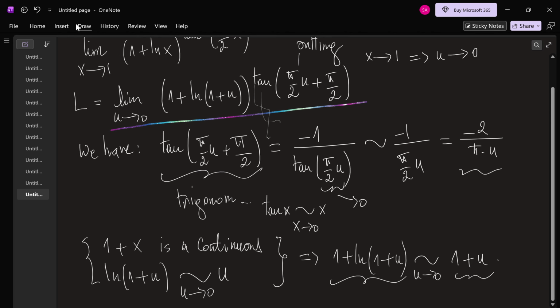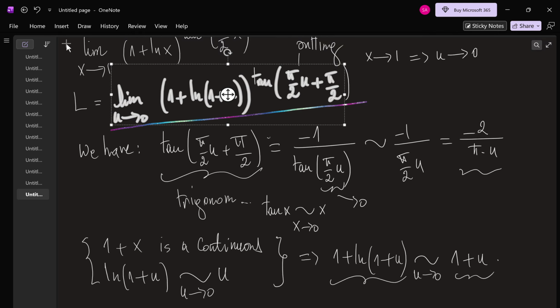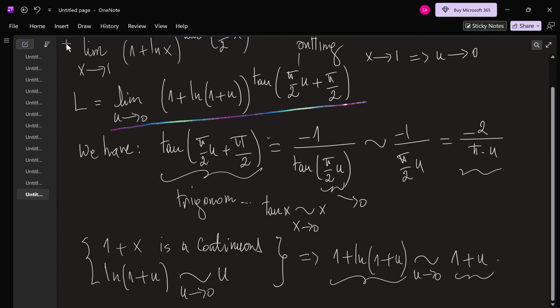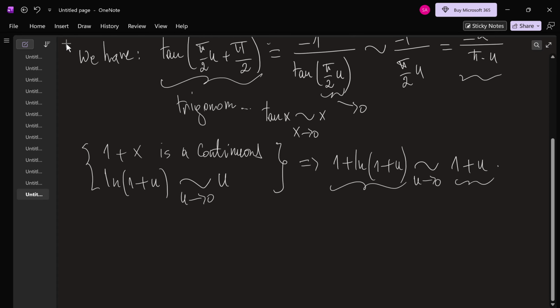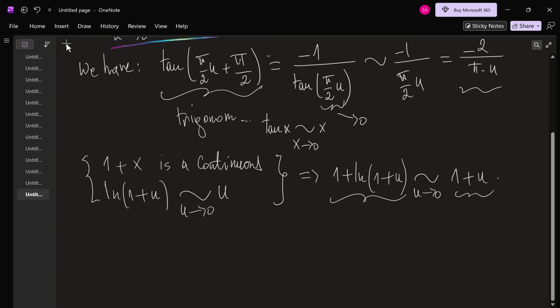So this formula now, which I will copy here.